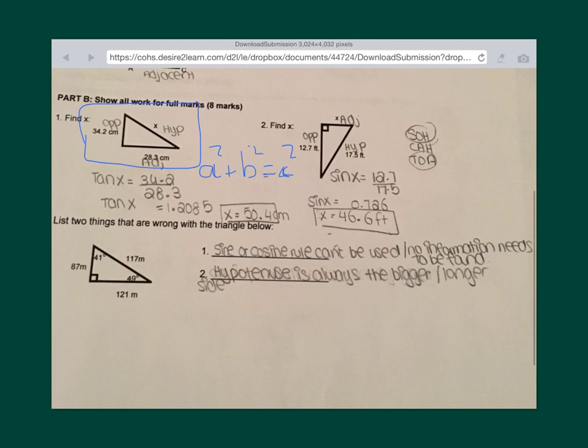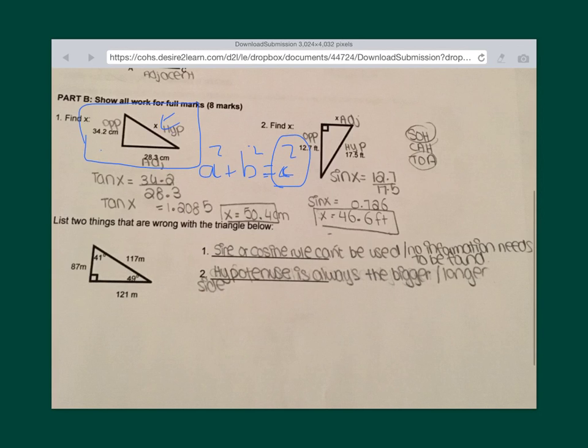And so without knowing for sure any angles in your triangles, using trigonometry is sort of more work than it would be to just use the Pythagorean theorem to solve for your unknown side. The hypotenuse is c. So in the first question, when you're trying to find x, you would do 34.2 squared plus 28.3 squared equals x squared.